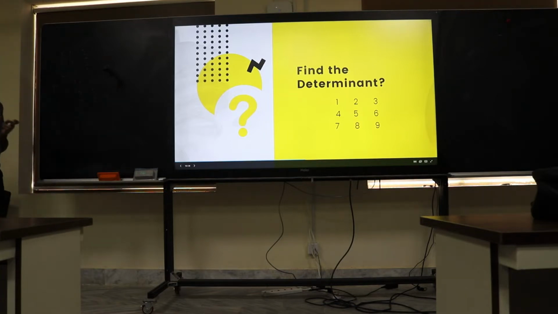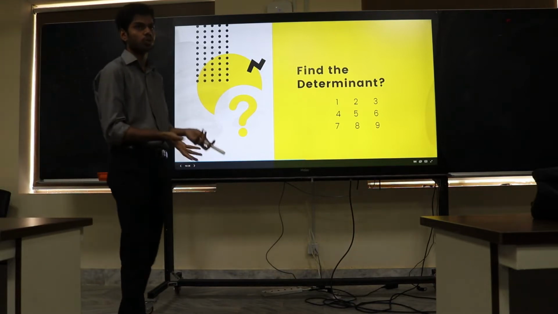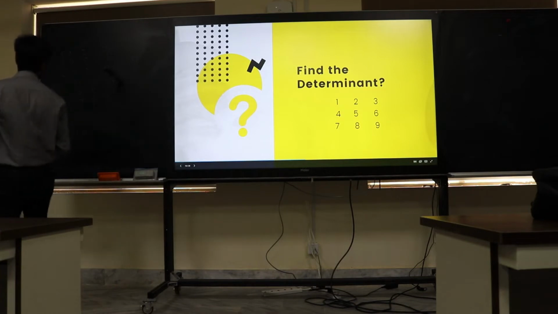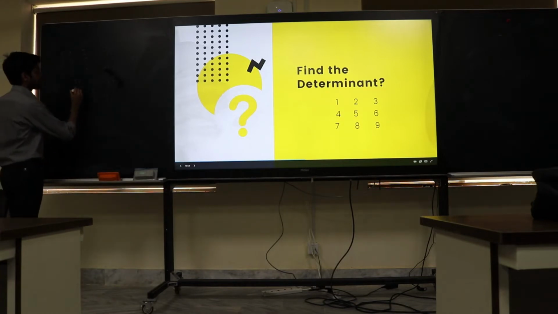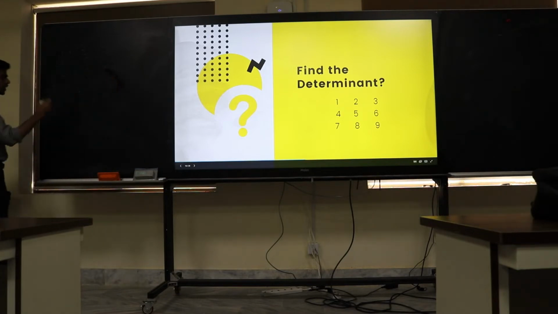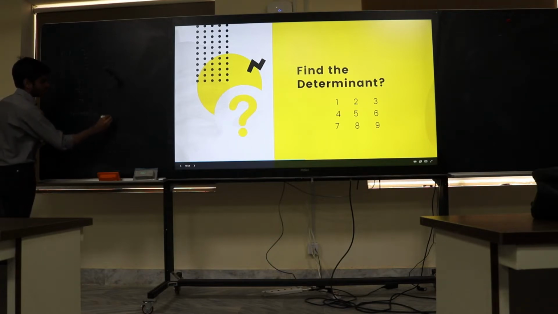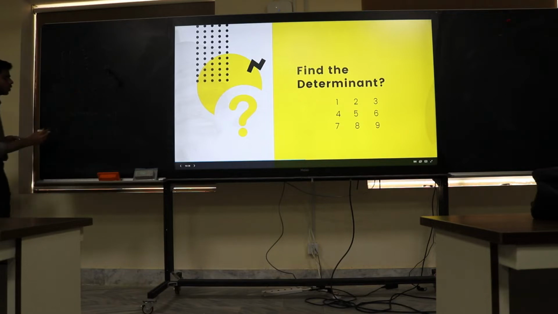Now, in the 3 by 3 matrix, we have to expand a matrix through some row or column. So we can say that we are expanding this matrix by row 1, which is R1. So we can write that expanding by R1.